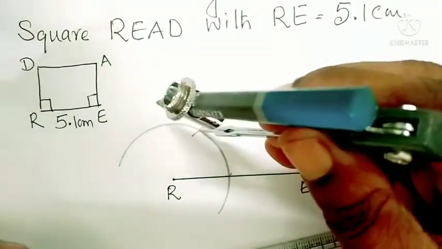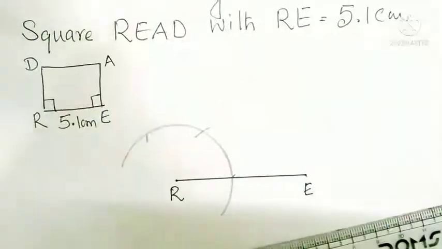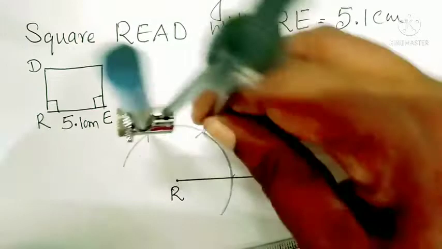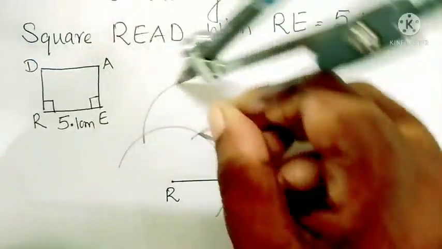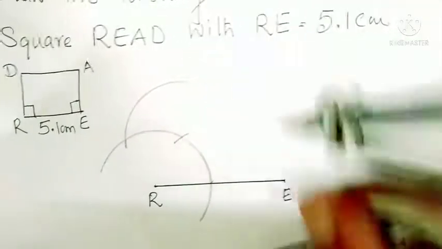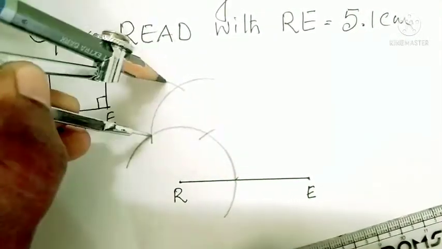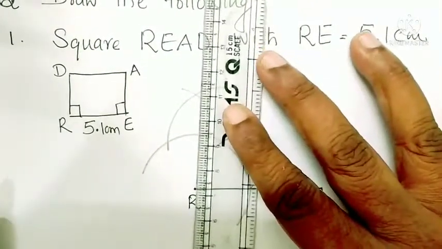And the third one, I told you always to draw a little bigger in size. And then cut the third one by this arc. So you will get 90 degree.